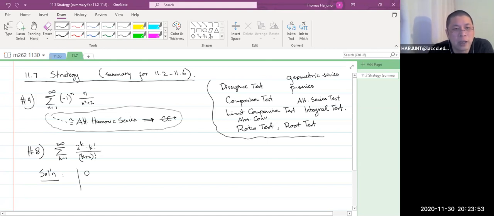Ratio test, a sub k plus 1 over a sub k. That is 2 to the k plus 1 times (k plus 1) factorial over (k plus 3) factorial times the reciprocal, right? (k plus 2) factorial over 2 to the k times k factorial.